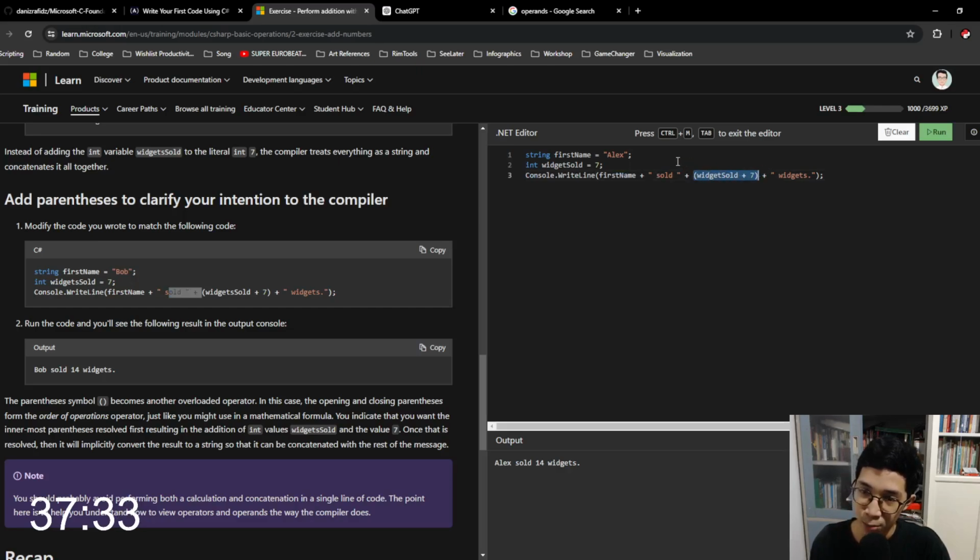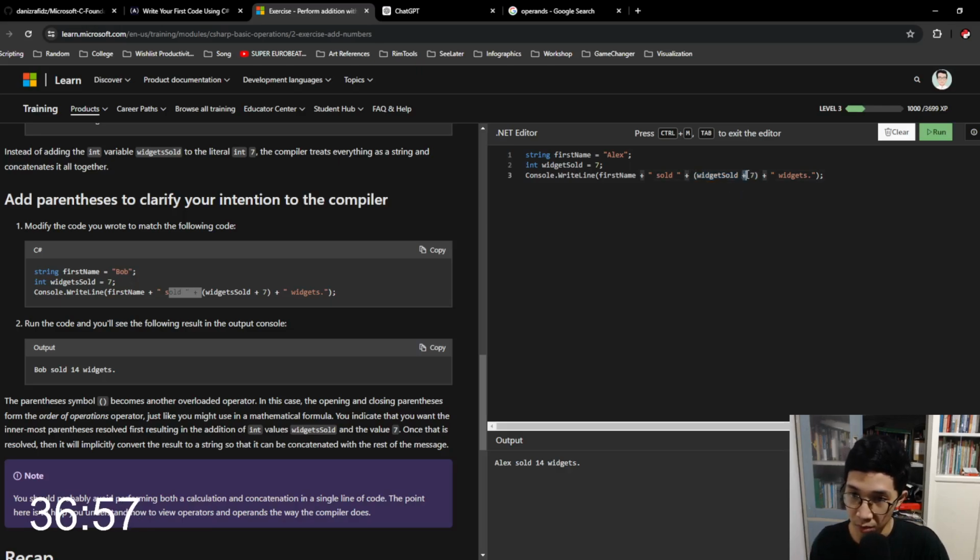Because you add parentheses, outside of the parentheses is considered as string, so it will be the concatenation area. But since everything inside this parenthesis is integer and there is no single string here, the compiler will treat the inside of the parentheses as a calculation or addition.